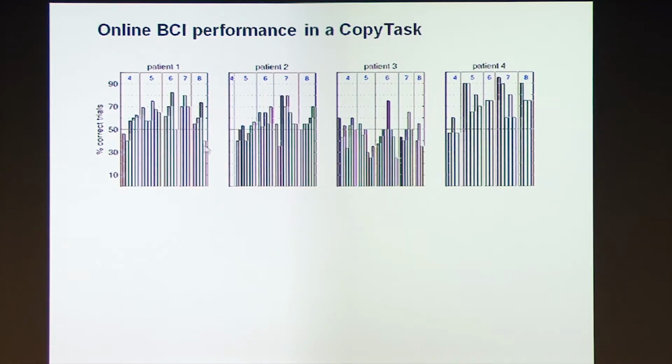So here's the online performance of these patients with a copy task. So you give the patient a certain word to copy, and then the patient tries to copy this with the use of the BCI. Okay? And so you can see that, in fact, the patients were quite good.